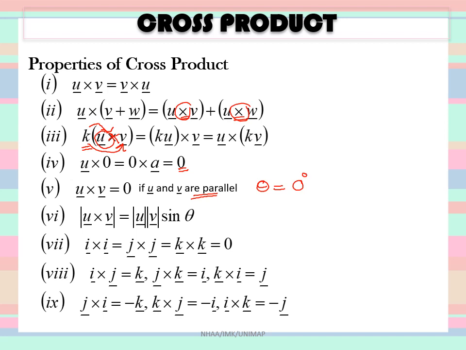Okay, so when your cross product is equal to 0, you will get theta equal to 0 degrees. When theta equals 0 degrees, u and v are parallel.